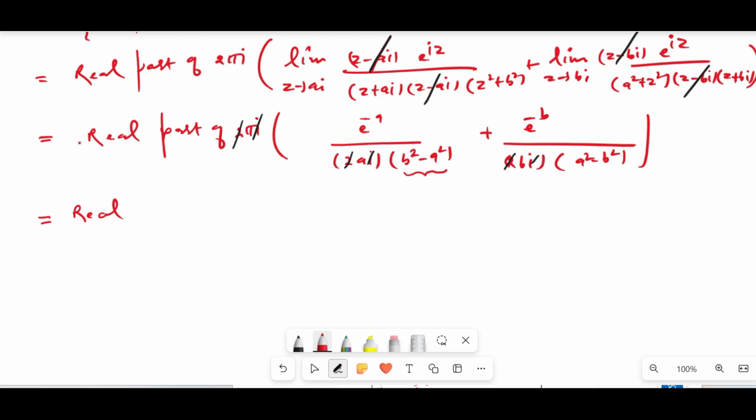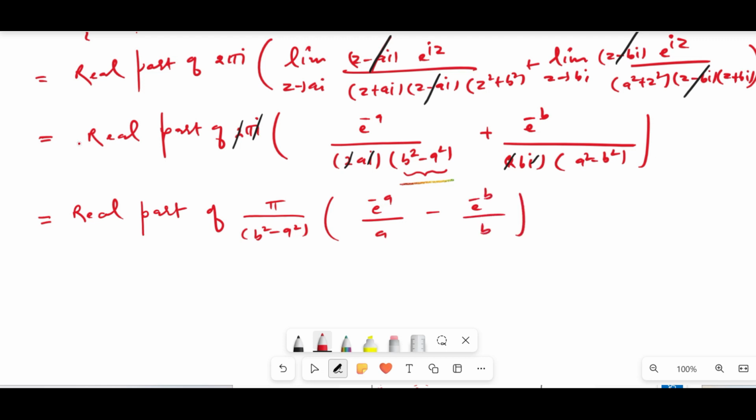So now this is equal to the real part of... take b square minus a square as a common factor. So from here it will give pi upon (b square minus a square), and in brackets e to the power of negative a upon a minus e to the power of negative b upon b.